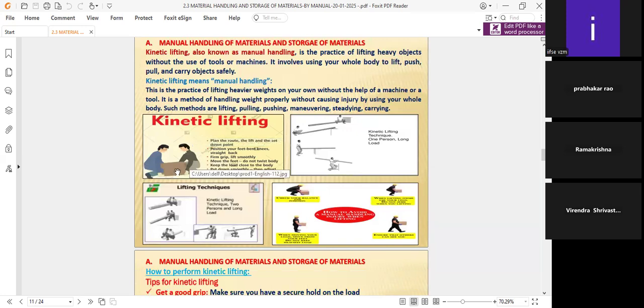Where a heavy load is there, two persons take care of it. You have to plan the route, see where they have to go and in which place to keep it.